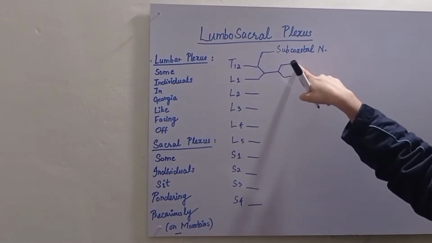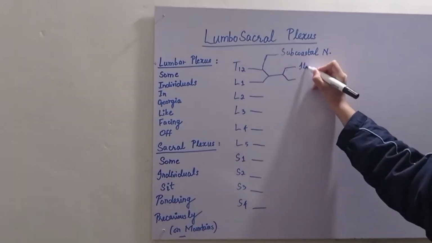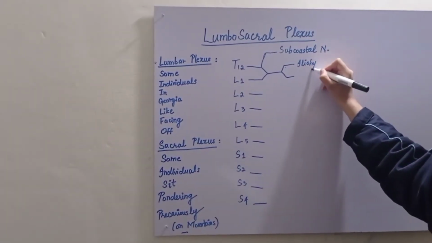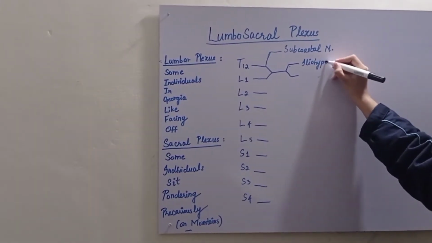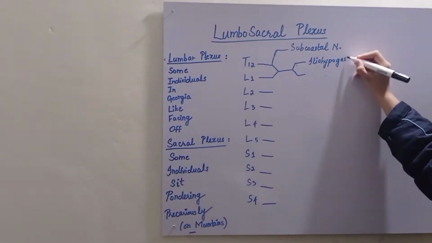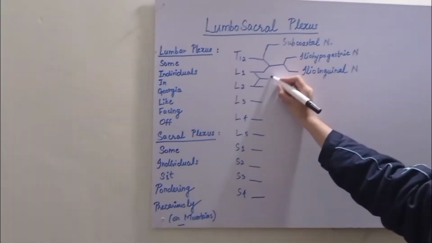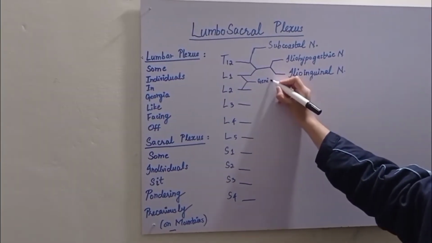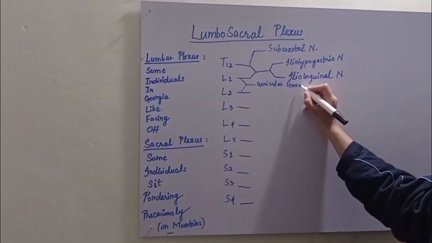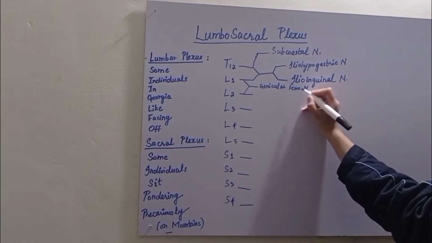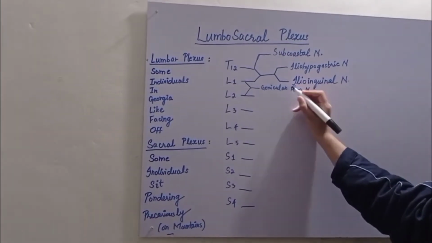The ones coming here are the iliohypogastric nerve and the ilioinguinal nerve, and the genitofemoral nerve. Okay, it is genitofemoral nerve.